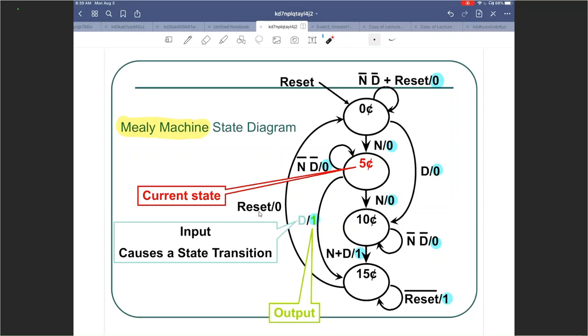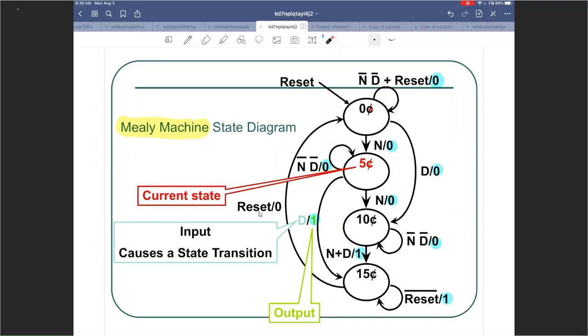So for example, if you are right now in 0 cents, after you press reset, when you enter a nickel, you go to the state of 5 cents, but at that time your output is 0.